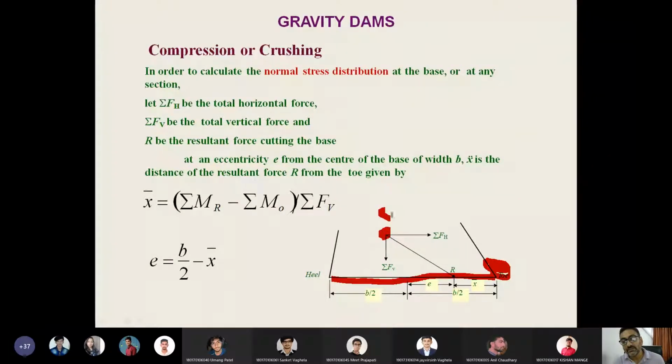This is the point, center of gravity or CG. These are the summation of horizontal forces, all forces. Here, all forces we are considering, and we are summing up their horizontal component. Here we are summing up or subtracting the vertical component for sigma FV. Now, this seems to be your righting moment, because the resultant is here horizontal, this is the disturbing or overturning moment.